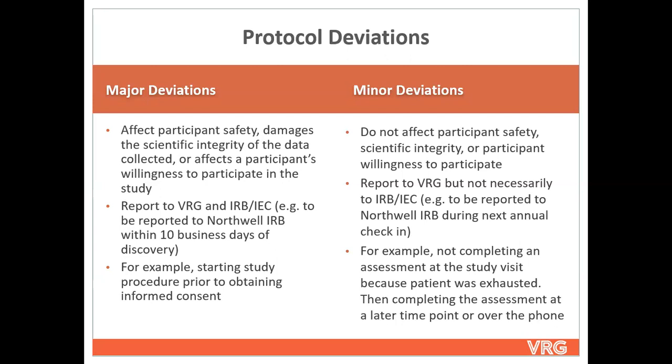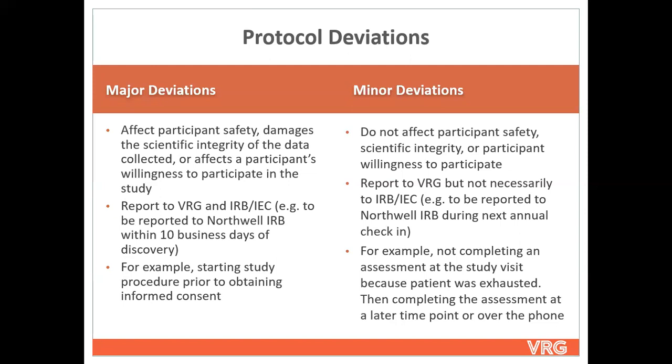So a major deviation is something that affects participant safety or the integrity of the scientific data, or affects the participant's willingness to participate in the study. So for example, a major deviation would be starting study procedures prior to obtaining informed consent. And we'll be talking about obtaining informed consent in a little bit, but important to know is that that's always the first thing you want to do, right?